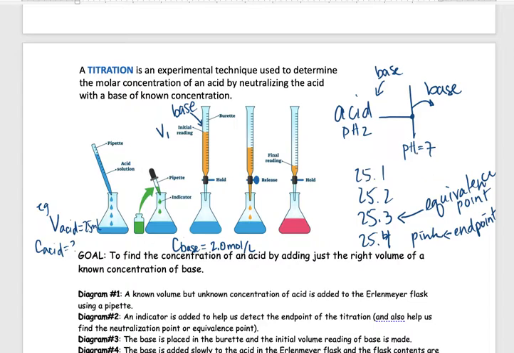This indicator will tell you if something's basic. If it's acidic, it stays colorless. At the neutralization, it stays colorless, but as soon as it becomes more on the base end, it'll stay pink. That's what you're looking for in this experiment. You're adding the right amount of base, but it's a little tricky. You have to find the one drop before it goes pink, and that's the volume you're going to use for your experiment.